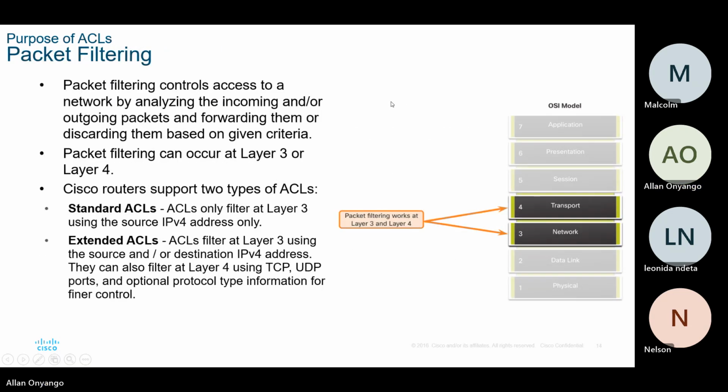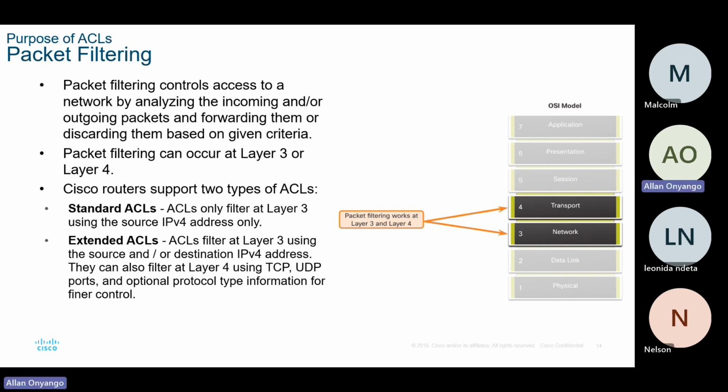Okay. So like I said, two types of ACLs. We have standard ACLs and we have extended ACLs. Standard ACLs are a little bit basic because they only filter traffic based on a source IP address only. That's so limiting.